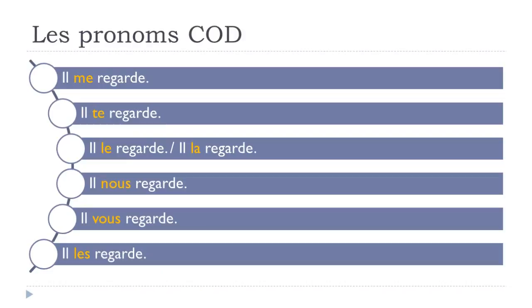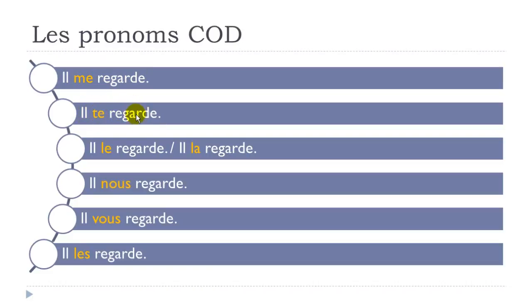So we'll see now a few examples. The first one, il me regarde. If you want to say that he is looking at me, il me regarde. So remember, as I said previously, these pronouns are coming before the verb. Il me regarde. Present form, only one verb, you just put it before. Il te regarde. So he's looking at you.